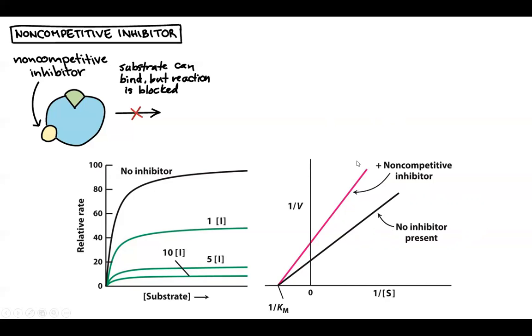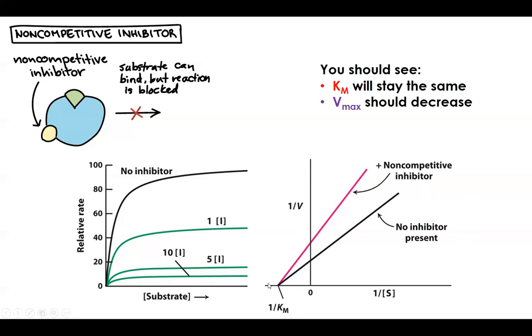You can immediately see the y-intercept is different, the x-intercept is the same. The slope is different because we've changed the Vmax, but not our Km. So this is pretty obvious to see that our Vmax changes here, but our Km stays the same.